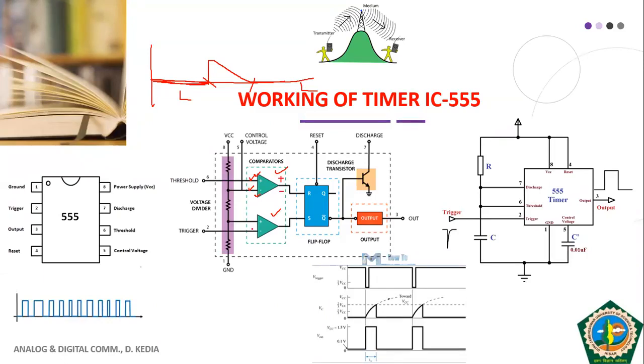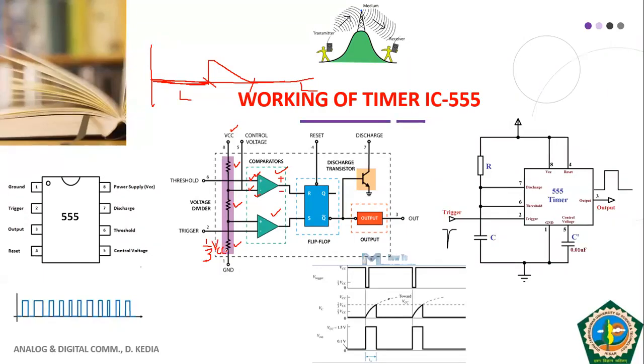Okay. So here in this IC 555 timer, we have three internal resistances inbuilt. And you can see that VCC has been connected across these three resistances, and these three resistances are equal. And here we have ground. So it means across this resistance, the voltage present is 1 by 3 VCC.